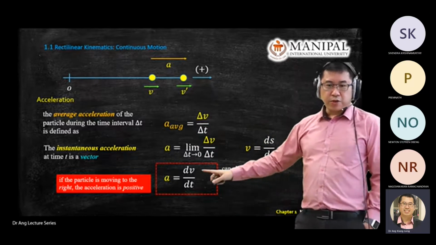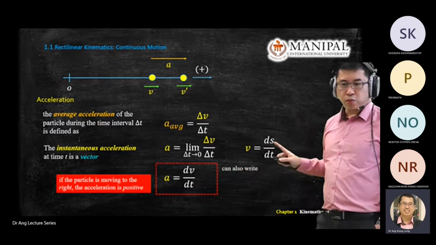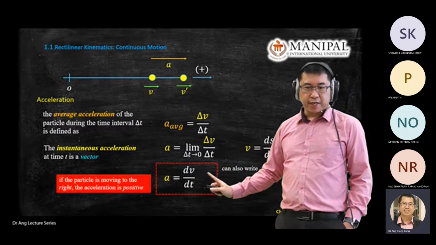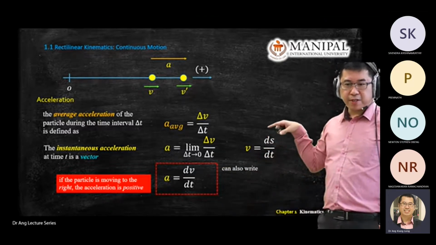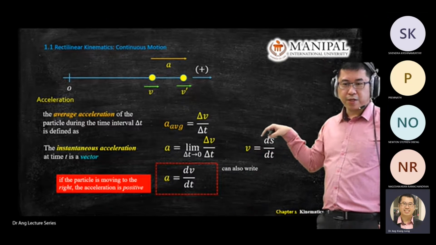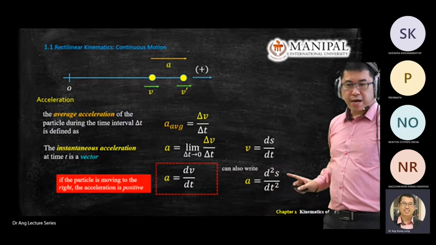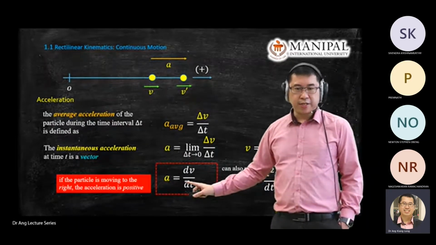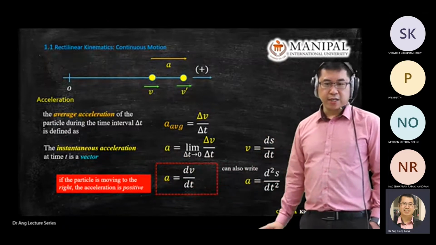So you can transform this acceleration equation to relate to position, substitute this one inside here, meaning if you differentiate twice, the double differentiation of your position, you will get acceleration. So this is how you write acceleration in terms of position. This is how you write your instantaneous acceleration in velocity terms.